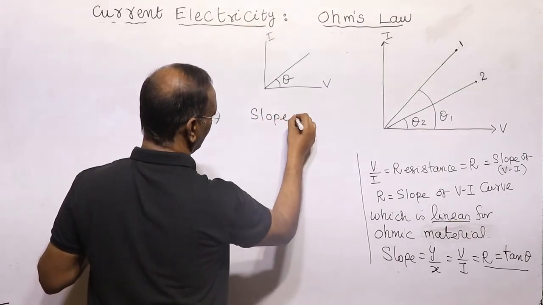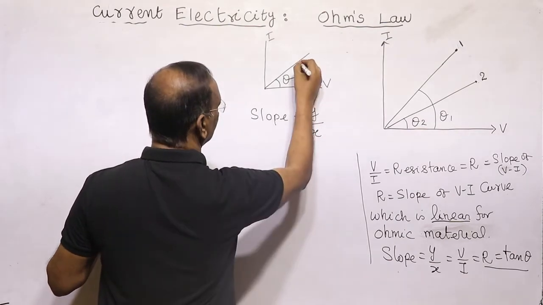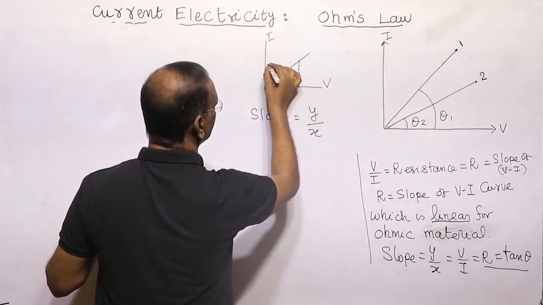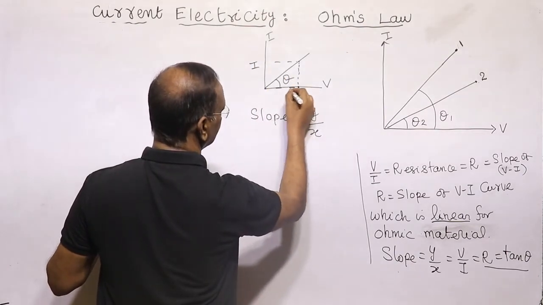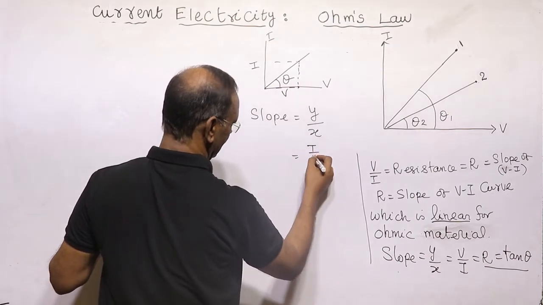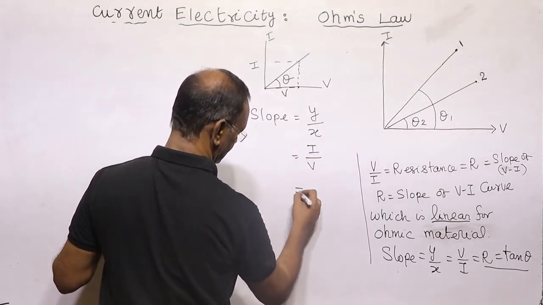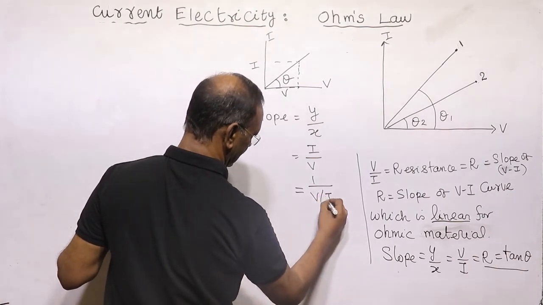Slope is equal to y coordinate by x coordinate. Here the y coordinate is I and the x coordinate is V, so slope is I by V, which we can write as 1 by V by I.